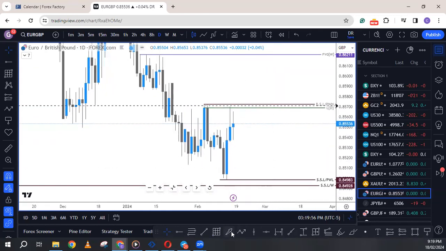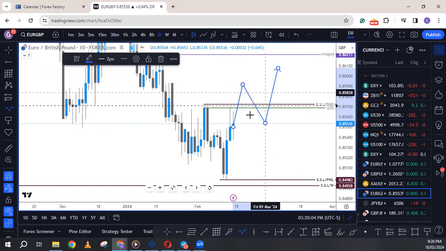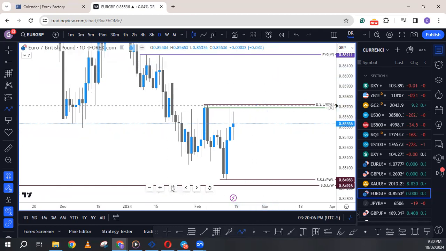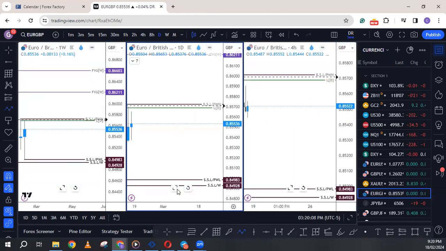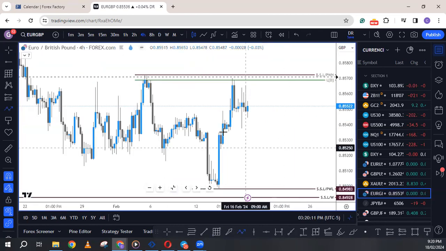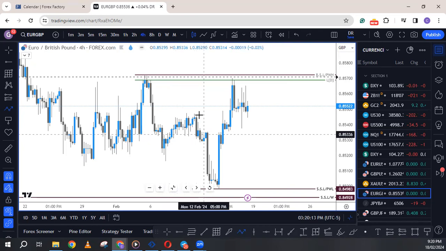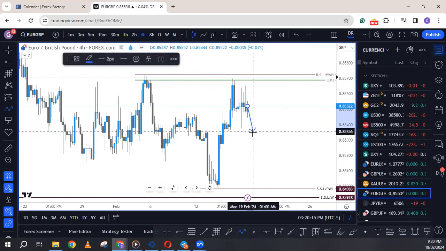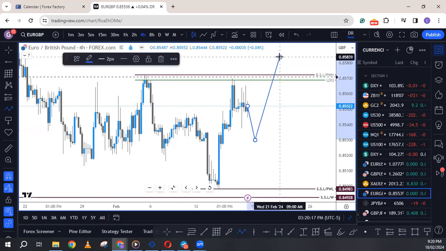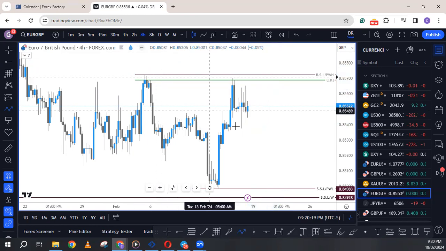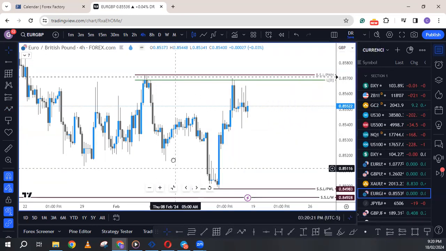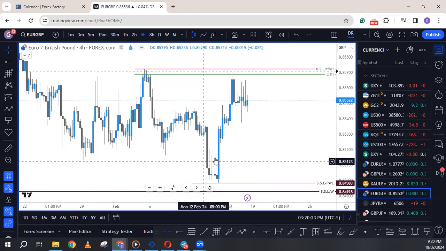First things first, once you get a close above 85.70, that's this level here, you wait for something like this and the continuation to the upside on this pair. If we look at it from the 4 hour time frame, you can already see we have this here. So you wait for a bit of a retracement and then a continuation to the upside for the EURGBP. Still long-term bearish, but short-term we are looking at a bullish one.